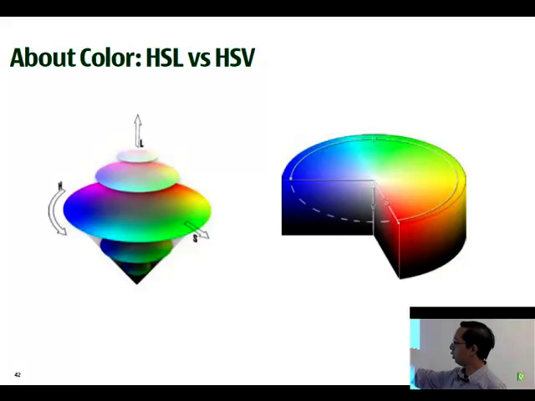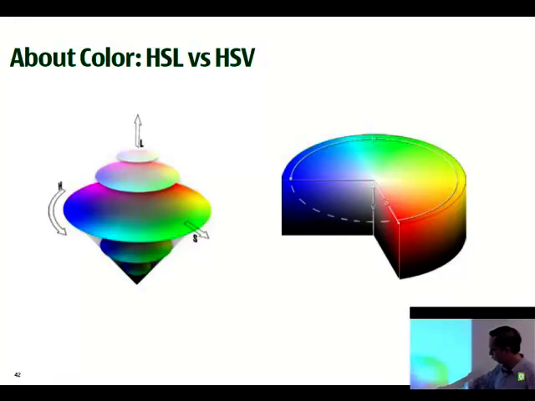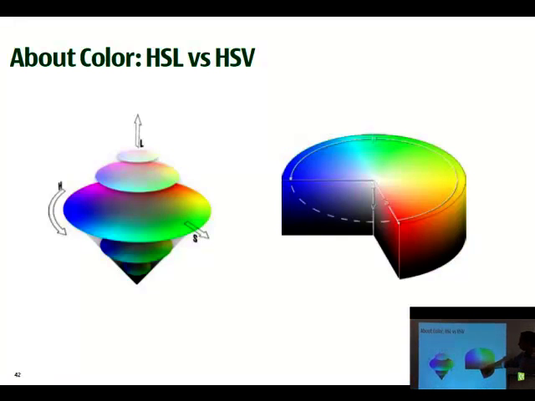HSV is normally depicted in a cylinder or a pie, like this. You have black color here at the bottom, and as you increase the value, the color becomes saturated, and you can see it like in a rainbow. It is a bit different, however, in the HSL color space, where at the bottom you have complete black and on top you have complete white.